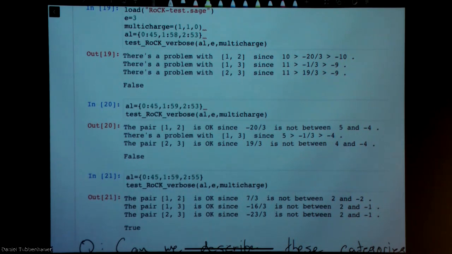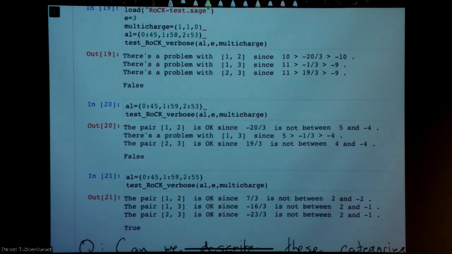So one thing that I think is sort of bothering people about this RoCK story for Ariki-Koike algebras, and more general things, is that the reason Chuang and Rouquier have their name attached to RoCK blocks is that they gave a sort of nice description of the RoCK blocks as an abelian category: as the principal block of the representations of a wreath product.